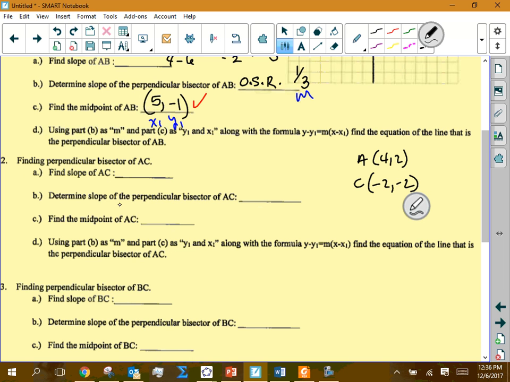Okay, just to save a little bit of time, what did you guys find for the slope of A to C? 2 over 3. Okay, so that slope is 2/3. And then the slope of the line perpendicular to that should always be what? -3 over 2. Remember, that's again the opposite sign reciprocal, right?